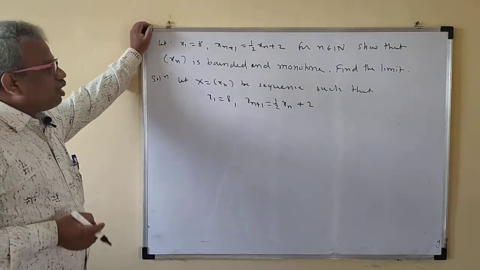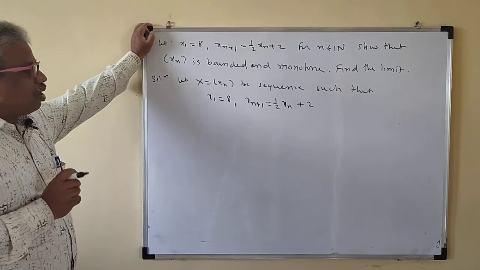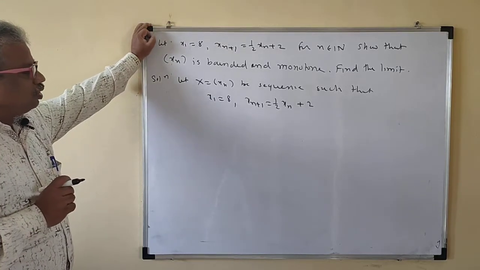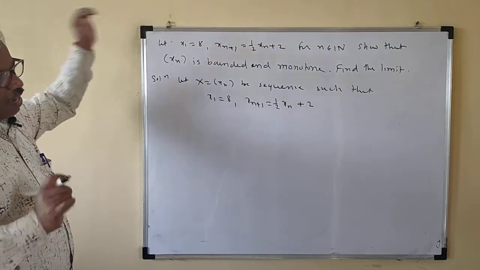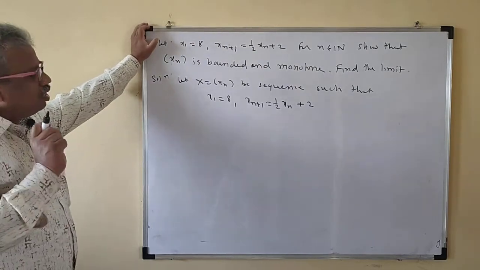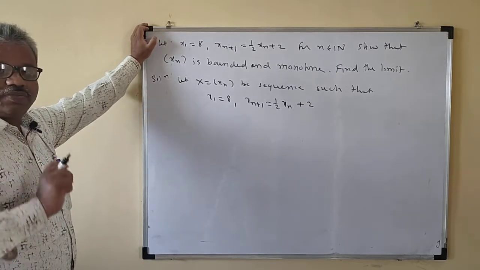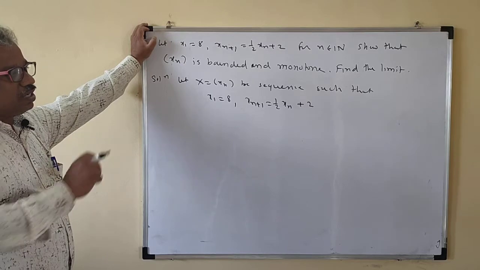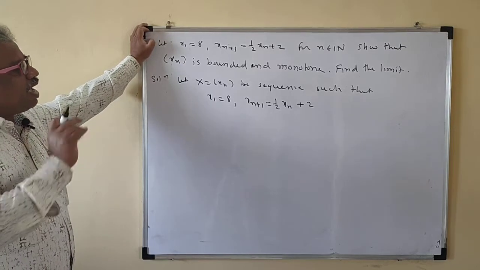Okay, so what we have to prove? First we have to prove it is bounded, and then it is monotone. Then find the limit of the sequence. If you prove it is bounded and monotone, we know that a monotone and bounded sequence is always convergent. So directly the question is: find the limit.